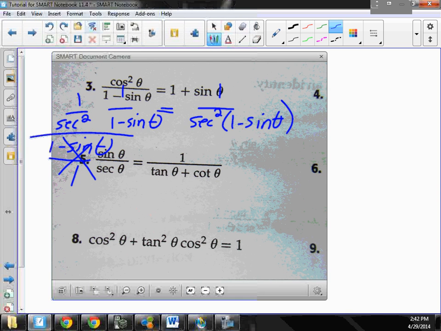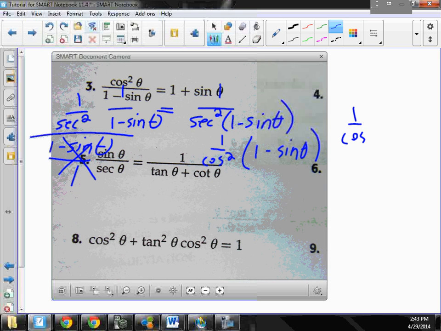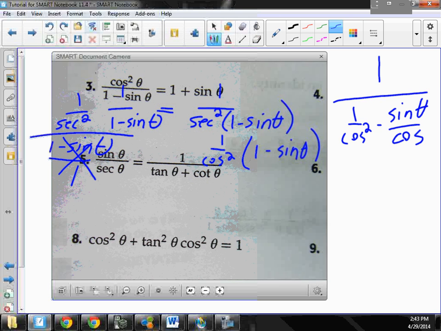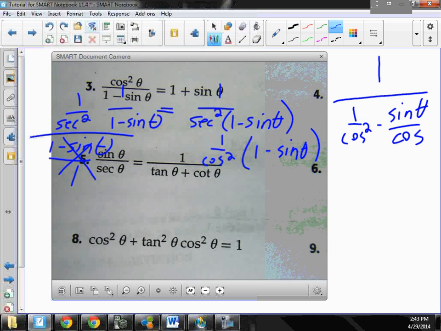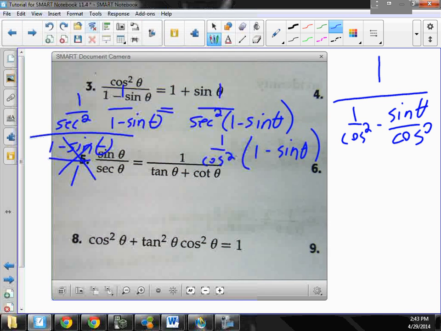So this is 1 over cosine. So 1 over cosine squared times 1 minus sine of theta. Multiply that in: 1 over cosine squared minus sine of theta over cosine of theta. And all of this is underneath a 1. Right? Well, oh, cosine squared.